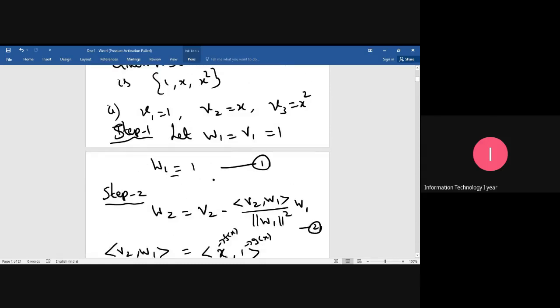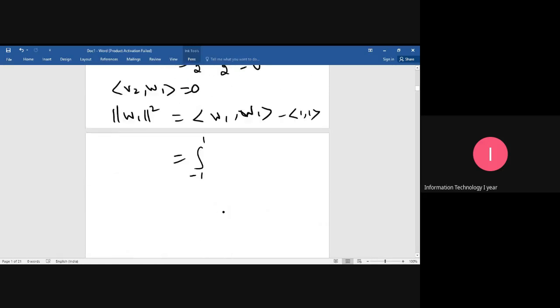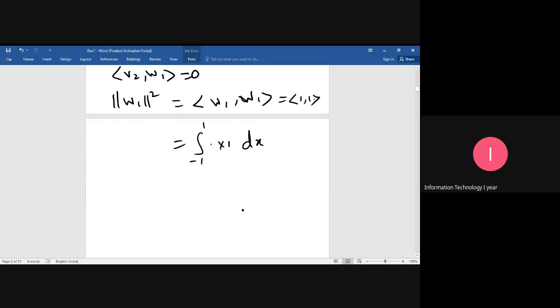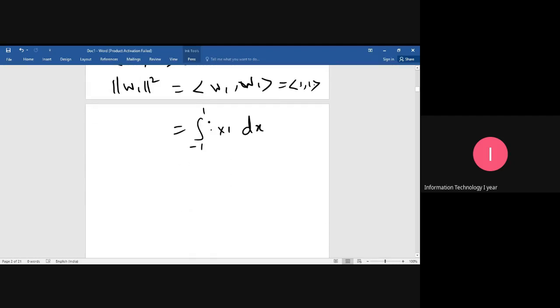So the inner product of 1 comma 1 is the integral from minus 1 to 1 of f of x into g of x dx, from the given question. That is the integral from minus 1 to 1 of dx. The integral of dx is x, with limits minus 1 to 1.